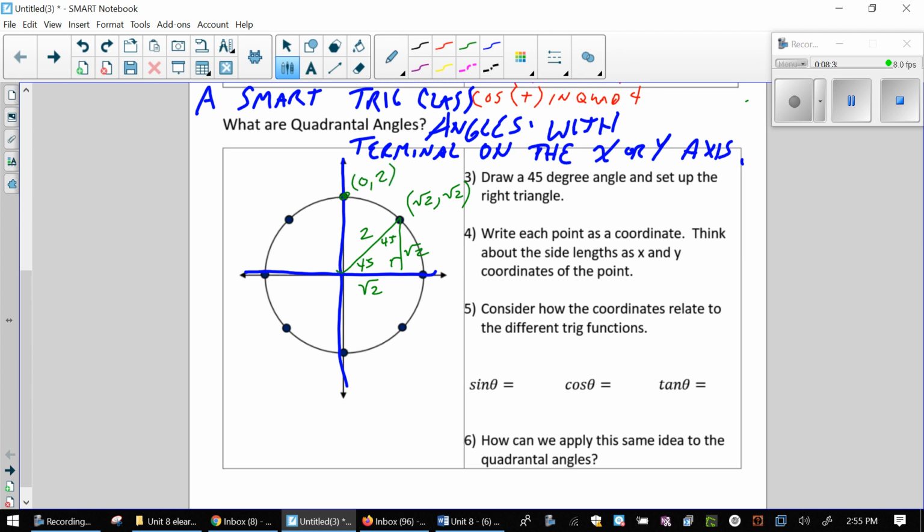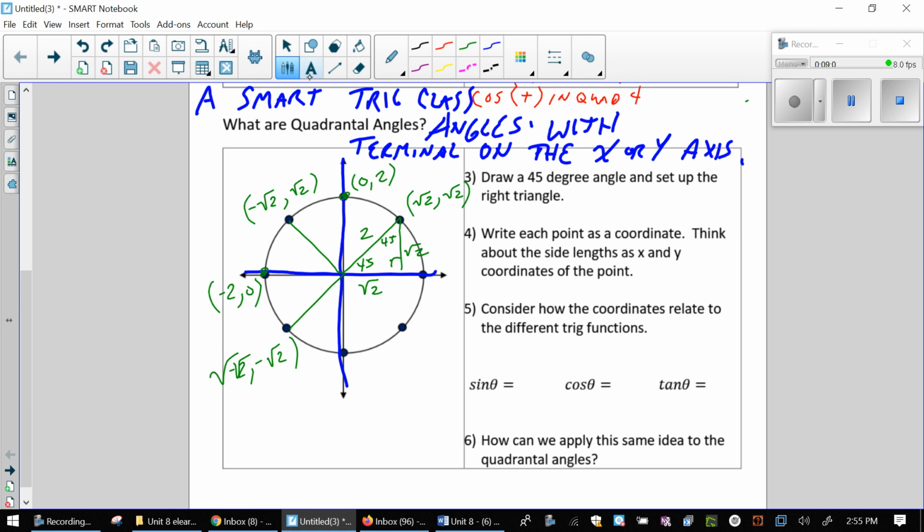When I get here, I went left root 2, so negative root 2, up root 2. When I get here, this is going to be negative 2, 0. When I get here, this is going to be negative root 2, negative root 2.